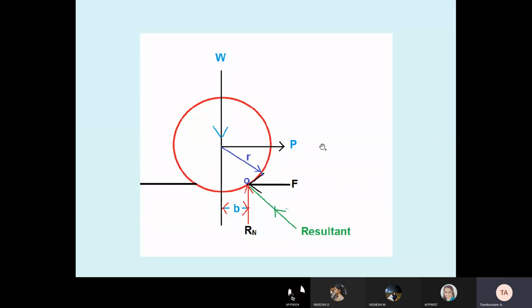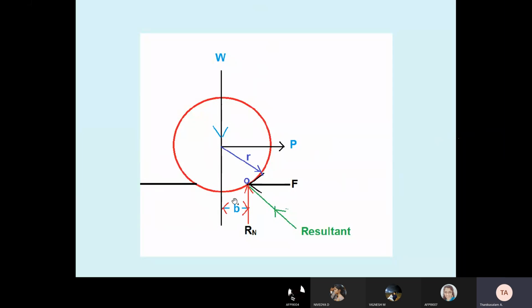P is the applied force. The weight of the tire acts vertically downward. With respect to the weight, where the friction acts, there is a maximum reaction. The distance is b.